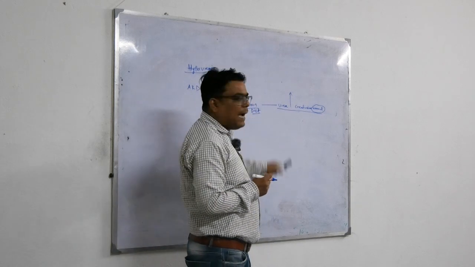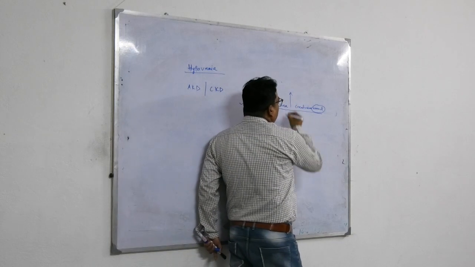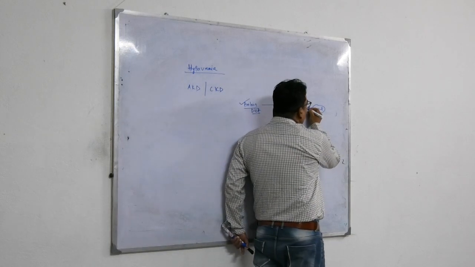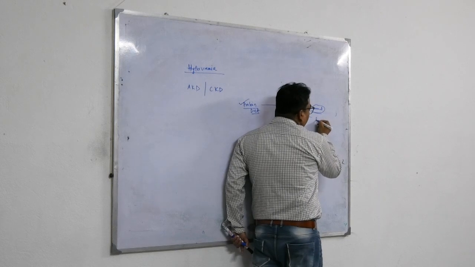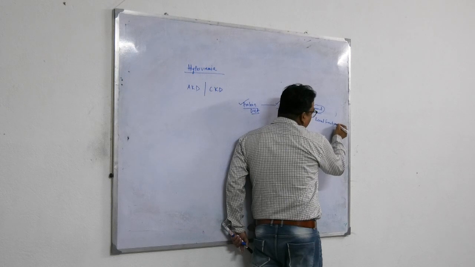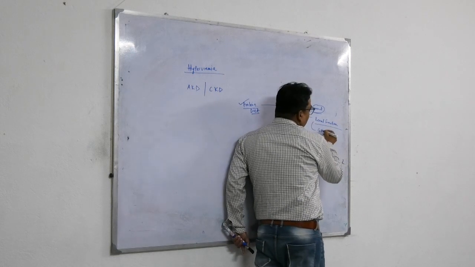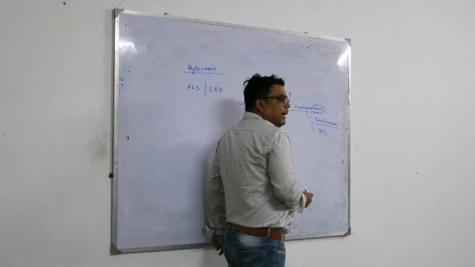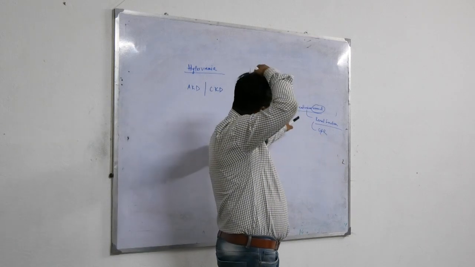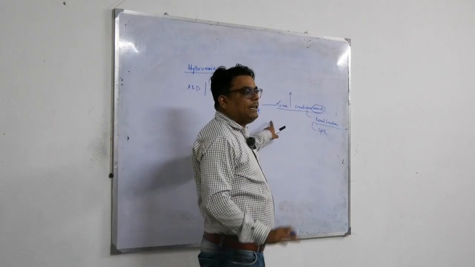If a person is taking a high protein diet, it ultimately increases the value of the urea. But the creatinine value is normal because their renal function is good. GFR is fine. So in this condition, the person is normal, but the urea level may increase. So you cannot interpret anything.